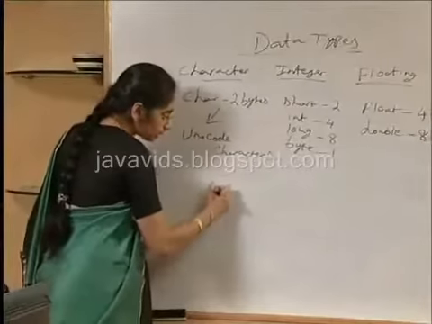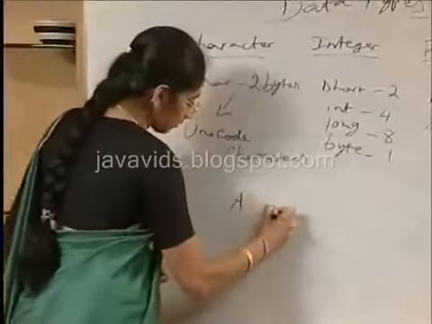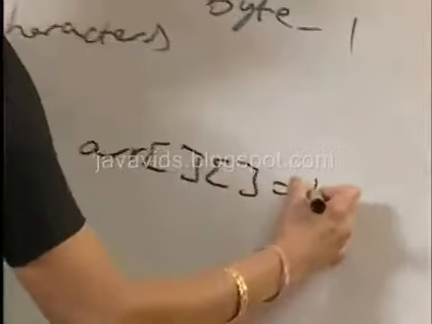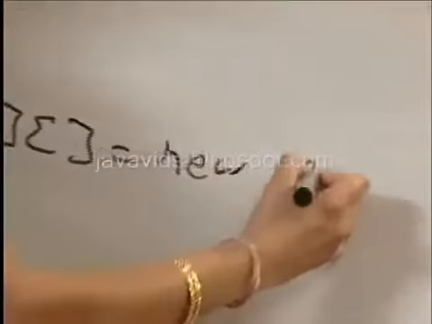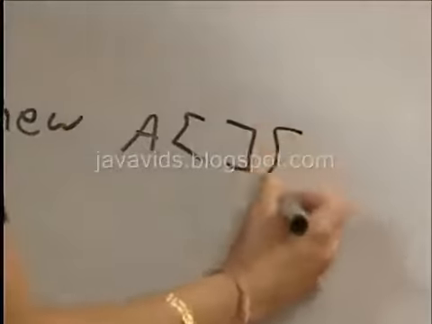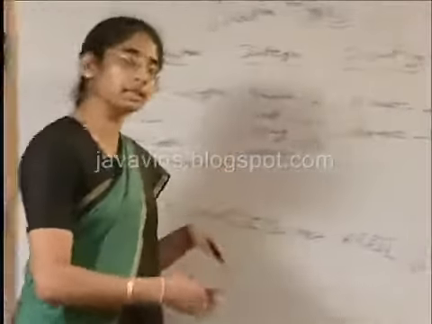Similarly, if you are creating a 2-dimensional array, for example, you can have each of the rows with different lengths.